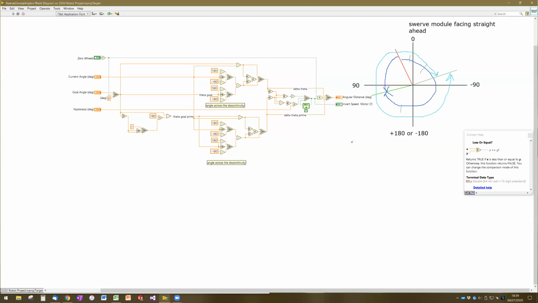So it has to be a lot better to go the other way than to just keep going the direction you were going. This approach is called adding a hysteresis to your system. Hysteresis is just a fancy term for something behaving differently in one direction versus in the other direction.